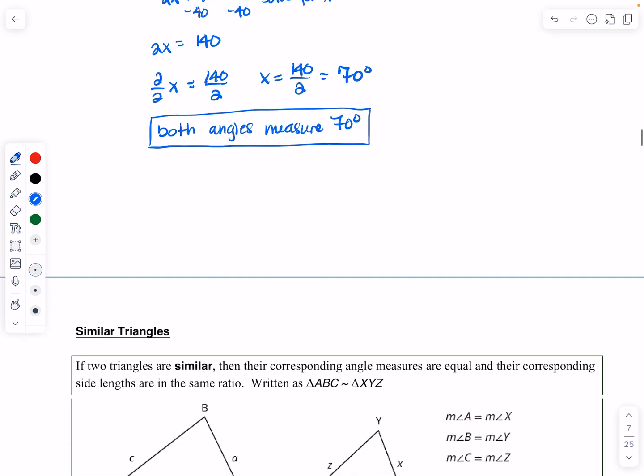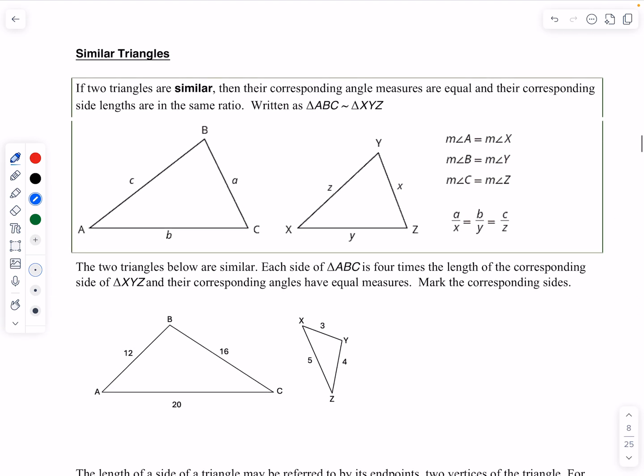Okay, let's talk about similar triangles. So 2 triangles are similar when their corresponding angle measures are equal and their corresponding side lengths are in the same ratio. Okay, so for this, I want you guys to see that I have triangle ABC.